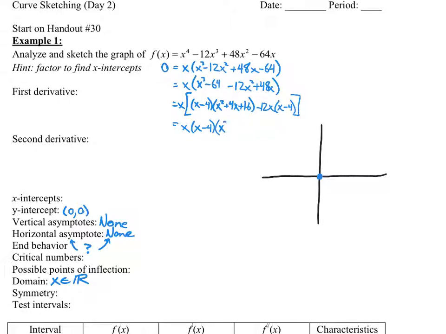What did you just do? I just took out the common factor of x minus 4. And then I combined what was left over. So it's going to be x squared minus 8x plus 16.